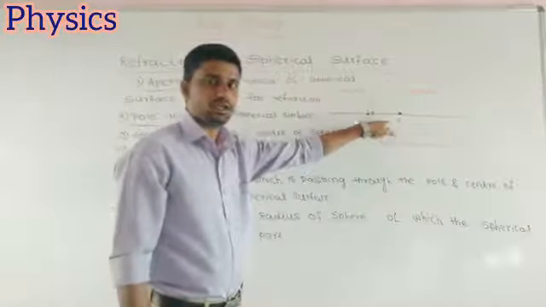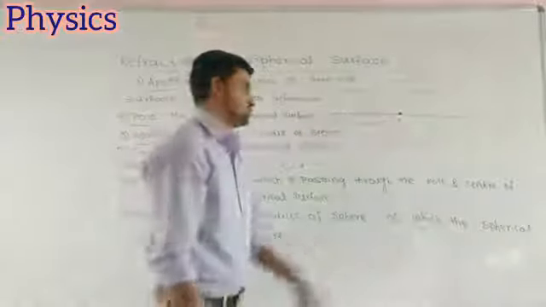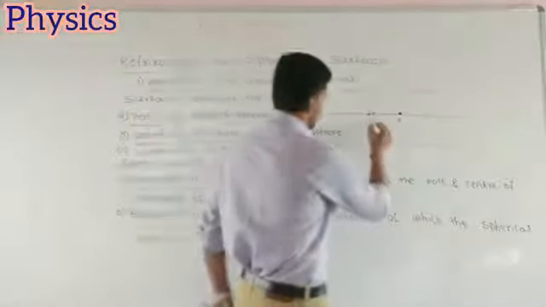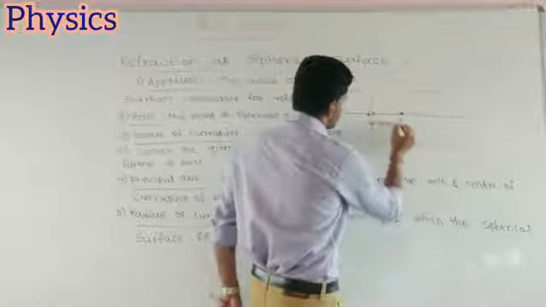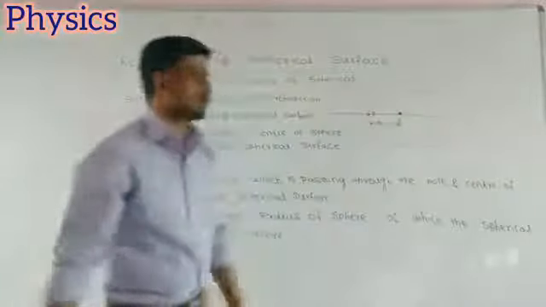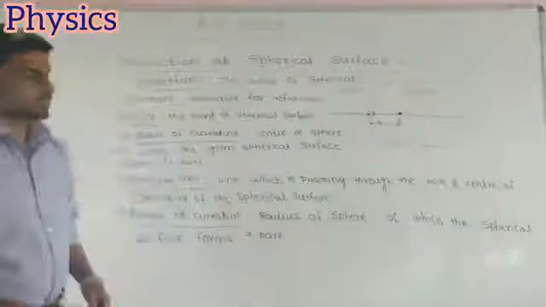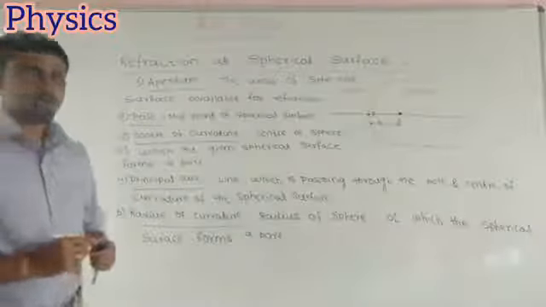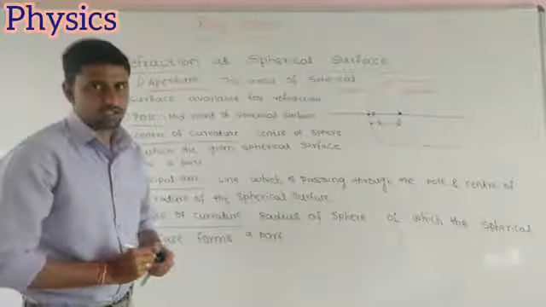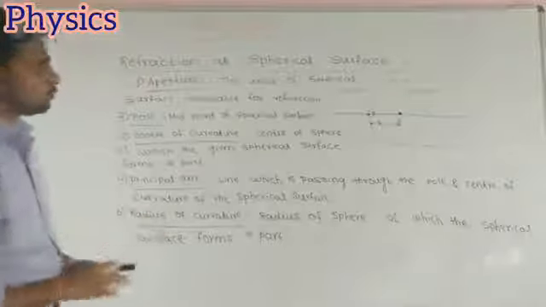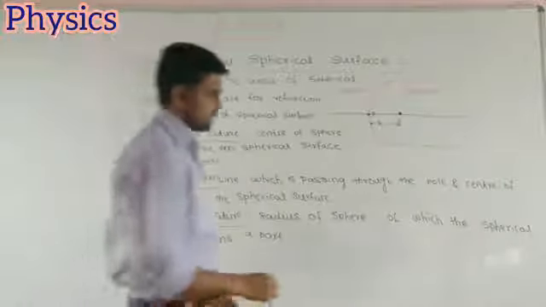Then we can call it the radius of curvature. Simply, it is the distance from the pole to the center of curvature of the spherical surface. That is another term of the spherical surface. Now we will discuss some more terms related to the spherical surface.